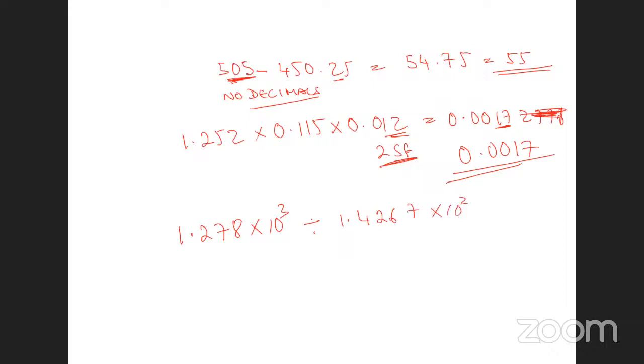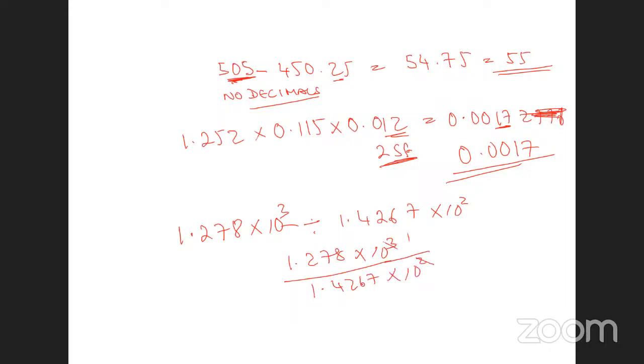Now, there are different ways of doing this. You can just put it in the calculator and calculate it, or you can do it like this. This 2 will cancel and we'll be left with that.